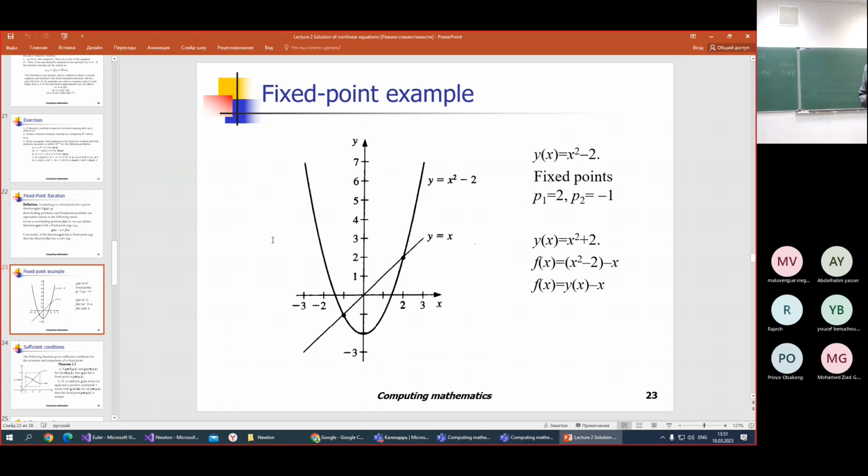From the graphical point of view, the fixed points are the points of intersection of the line y equals x, this line, and the graph of a function.